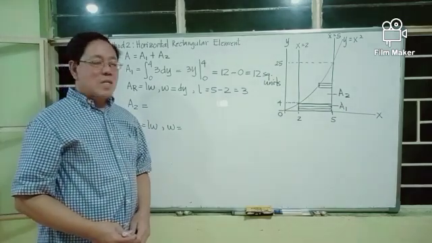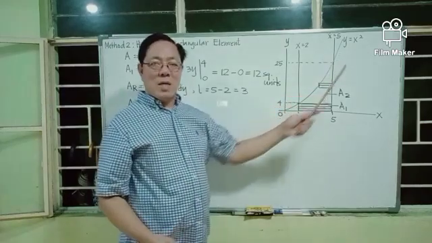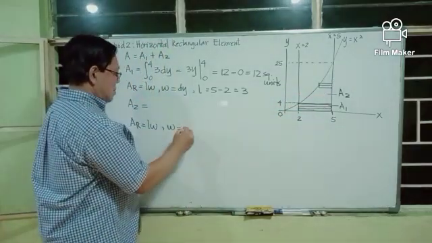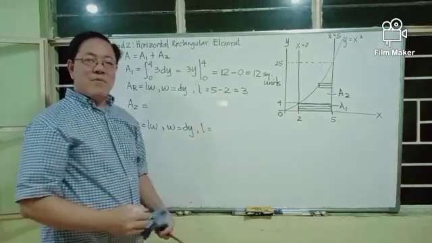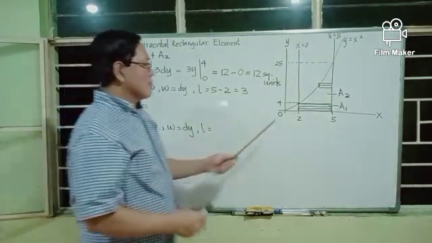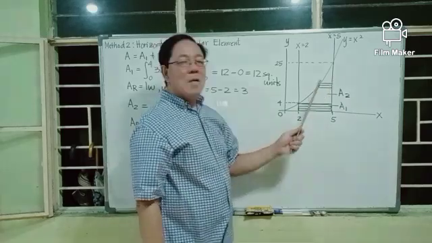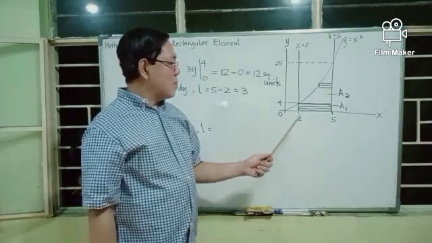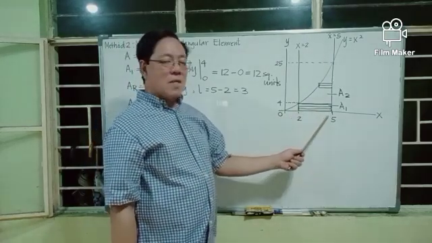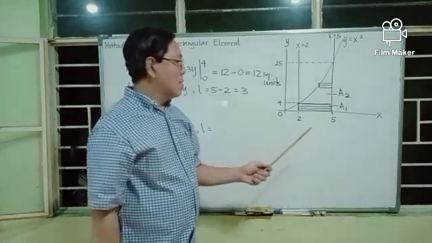In our example, the dependent variable is y. And we find the length of this rectangular element. It's the same method that we used when we found the area of the rectangular element from A1.